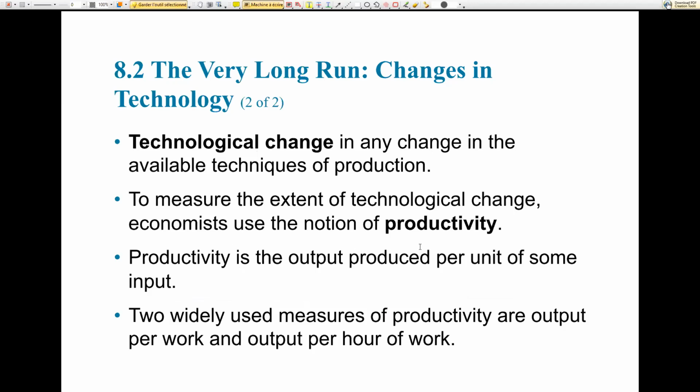All right, so we use the notion of productivity to describe how much production we're able to have for a certain given amount of inputs. Yeah, output produced per unit for some input. So, sorry about that.